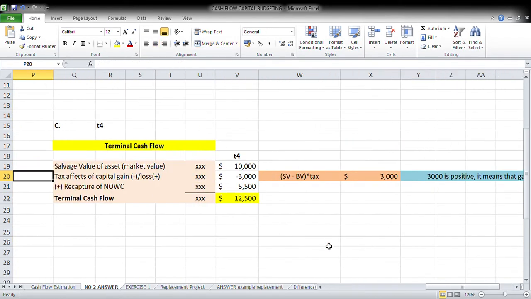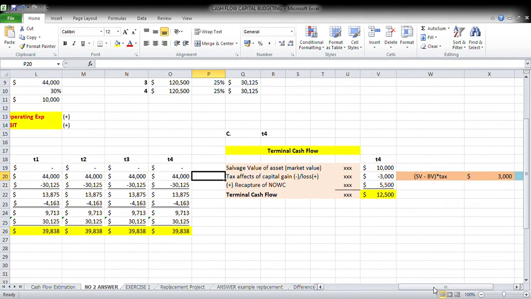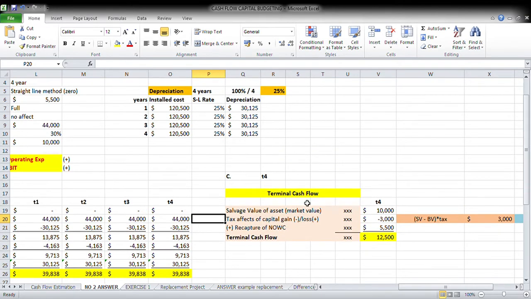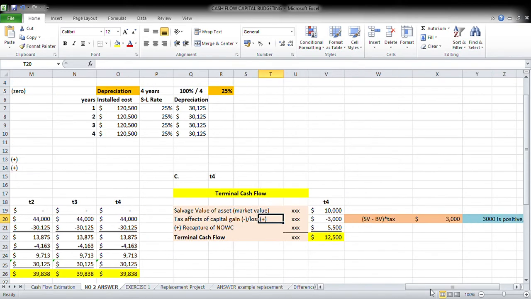And then for the last, it's about terminal cash flow. We know that if you see the market value in your question, it means the salvage value of the asset, 10,000. Then the tax effect of the gain or loss on capital: we calculate salvage value minus book value, times the tax rate, and the result is 3,000.